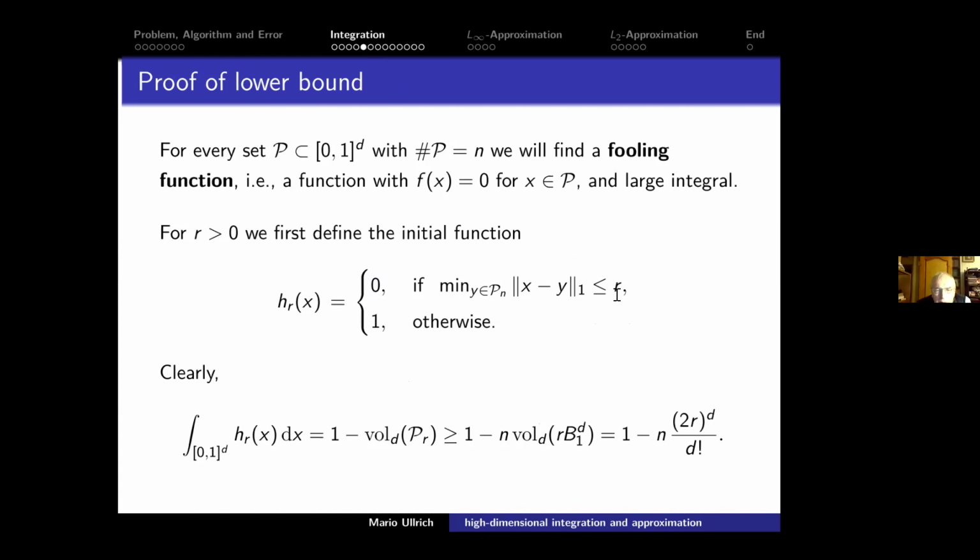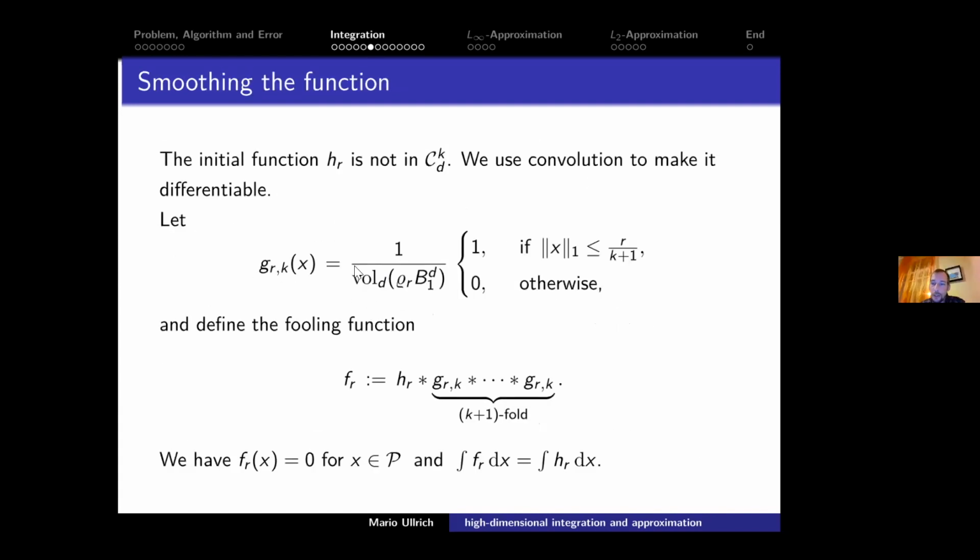And now you take a convolution with the function gr, which has a very bounded support. If you now take the convolution with these functions, then of course the area where the function is 0 gets smaller and smaller. But we put all the constants in a way such that these functions are still 0 precisely at the point. I see. Thank you.